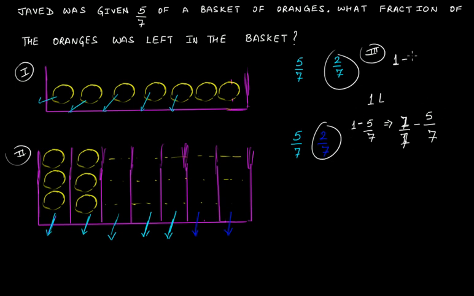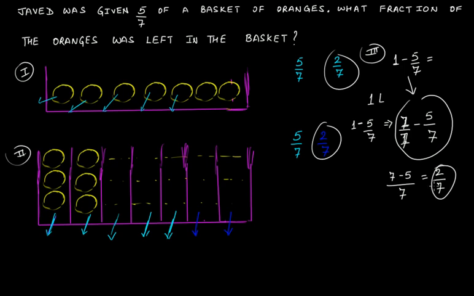If I take away 5 by 7 of this whole object, what are you left with? You're left with this one only, right? We can solve in a similar fashion. So if I solve this, 7 by 7 minus 5 by 7, the denominator will be 7 and then 7 minus 5, 7 minus 5, 2 by 7. This is the answer. Here we made an analogy to 1 liter milk.